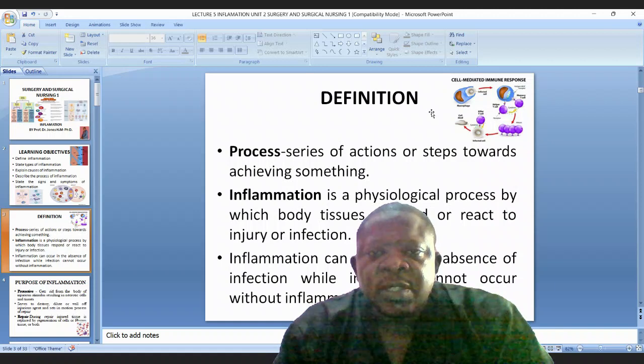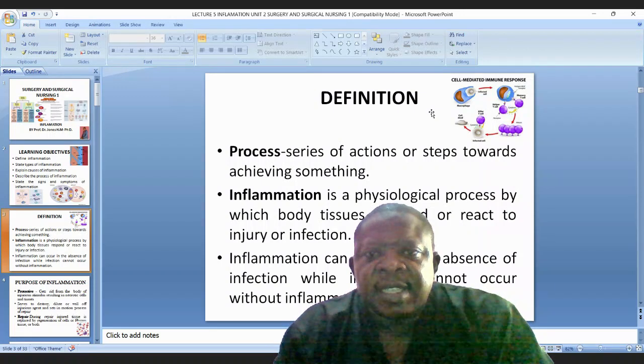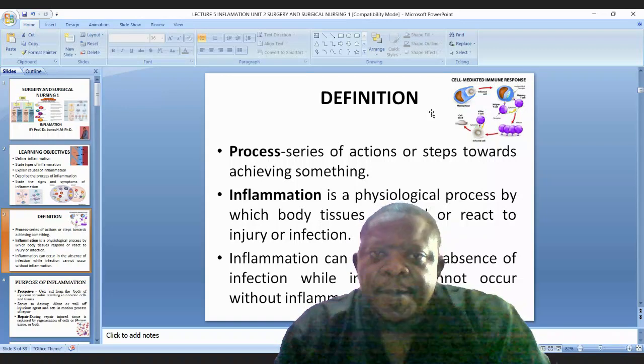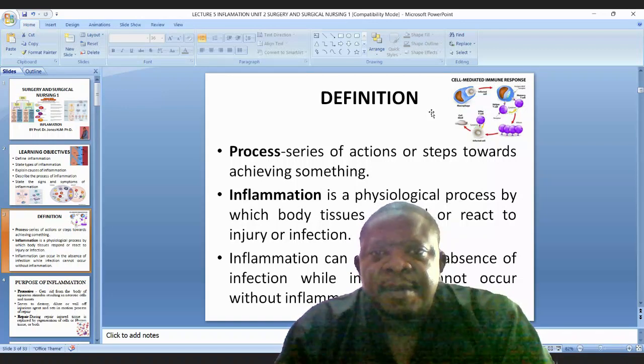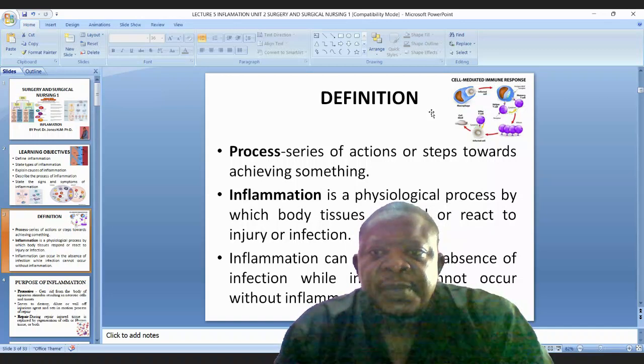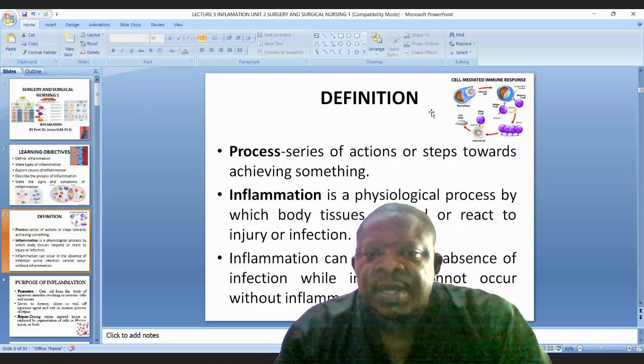So there is a series of actions that need to happen so that the inflammatory process can happen or may happen. So the word inflammation means a physiological process by which body tissues respond or react to injury or infection.